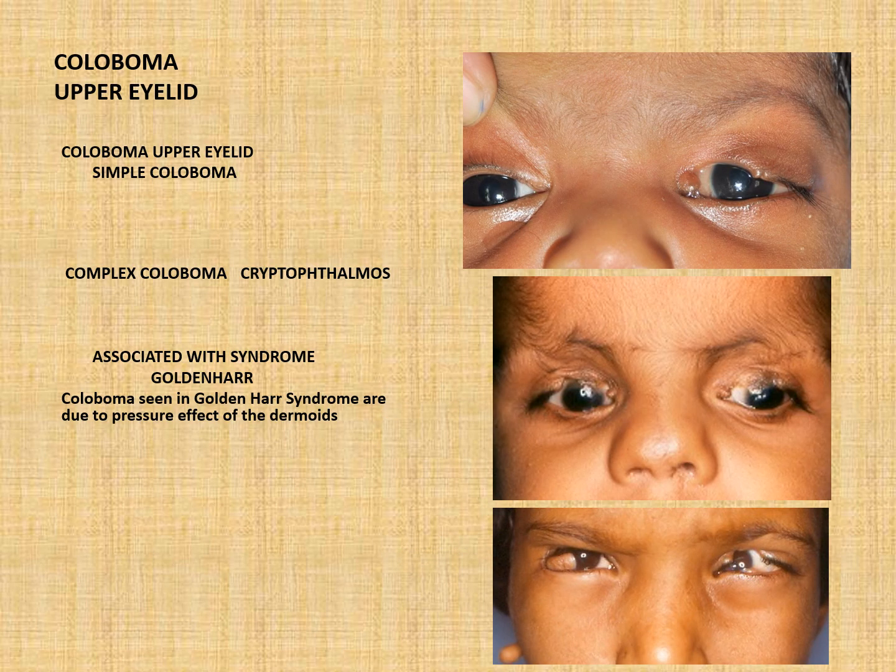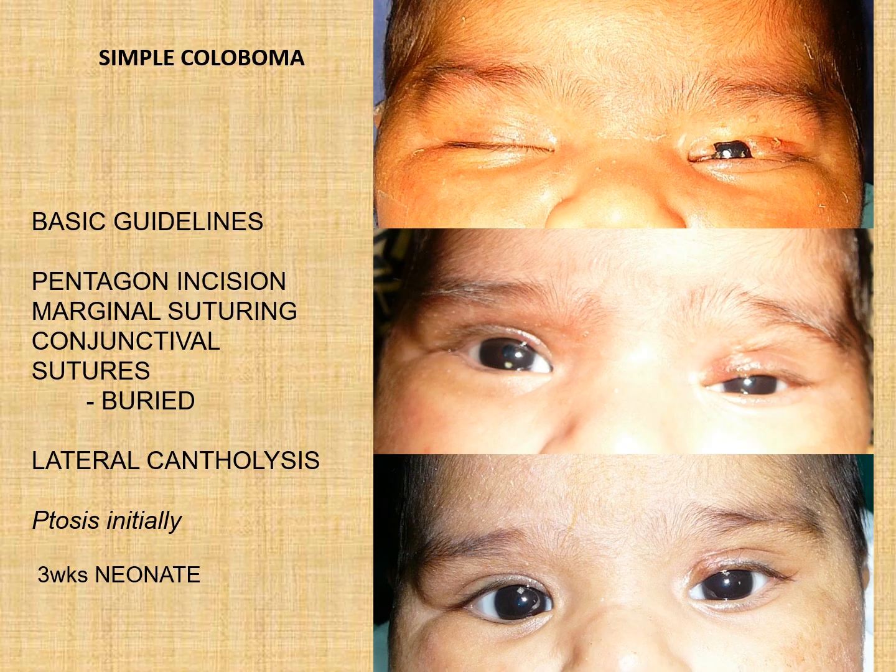Here you see a case of a coloboma of upper eyelid, a simple coloboma, or a complex coloboma which is associated with cryptophthalmos or associated with Goldenhar syndrome. Simple coloboma.